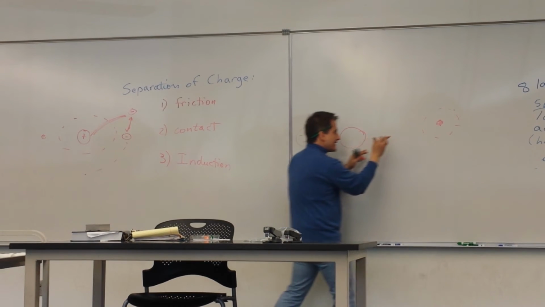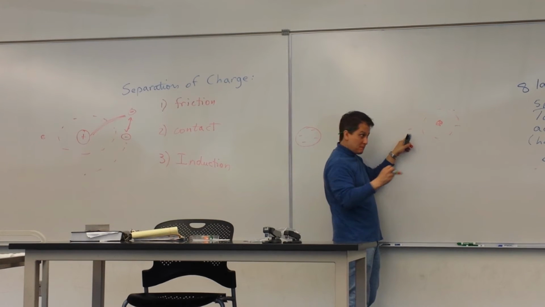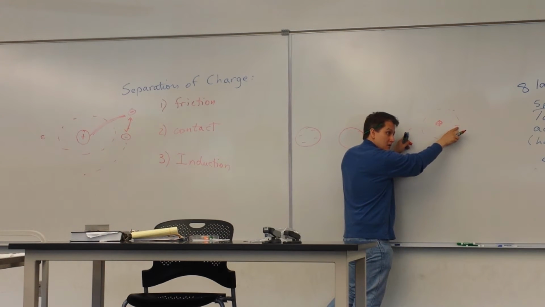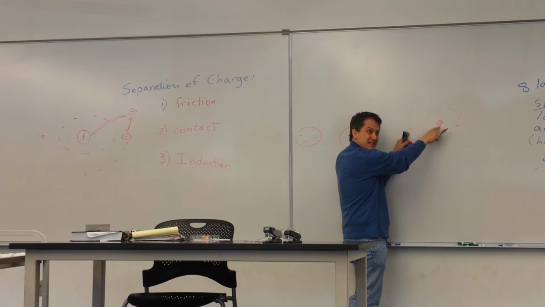So when you bring an extra negative charge here, it's going to tend to do two things. It's going to repel due to this negative charge in the atom that's already there, and it's going to simultaneously attract to the nucleus.